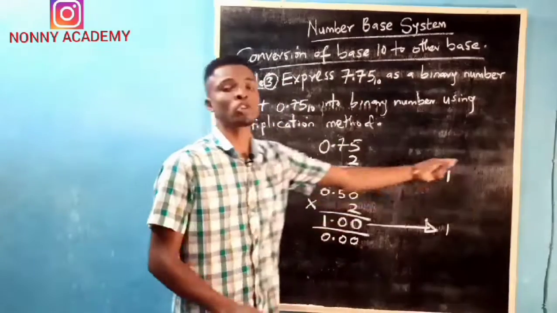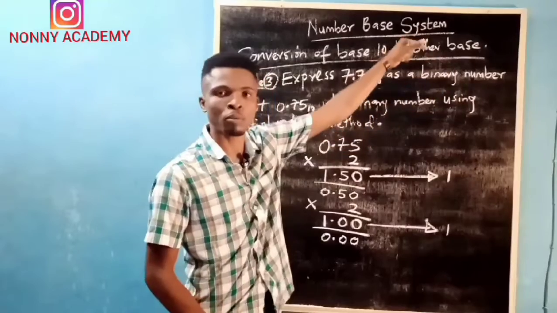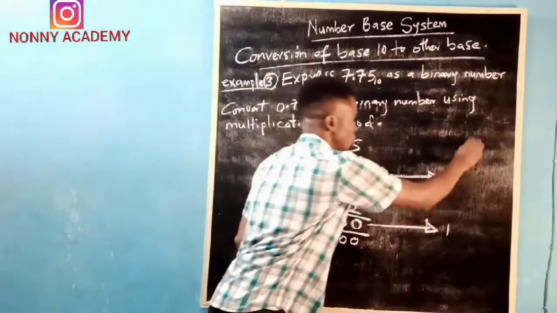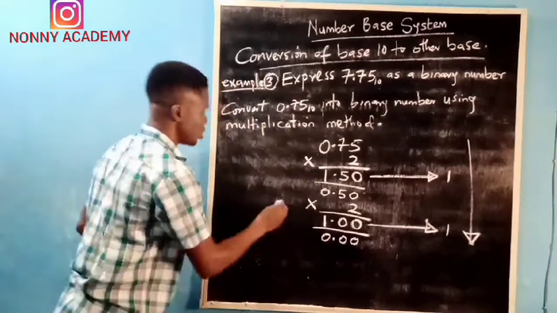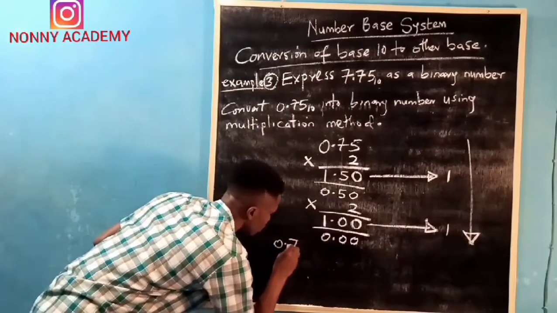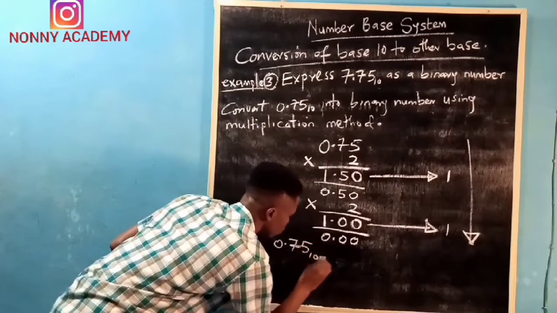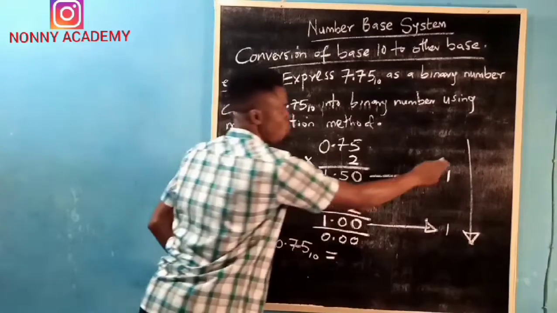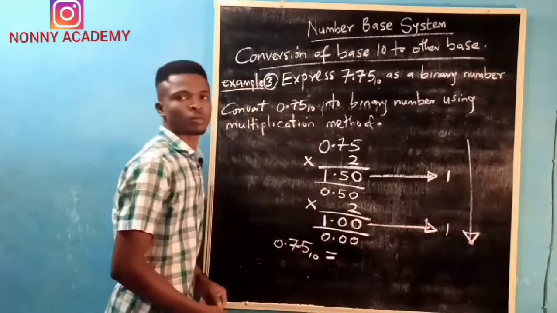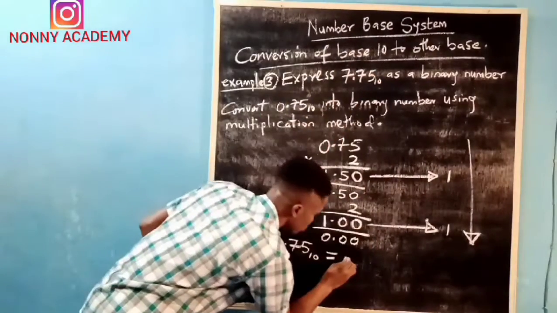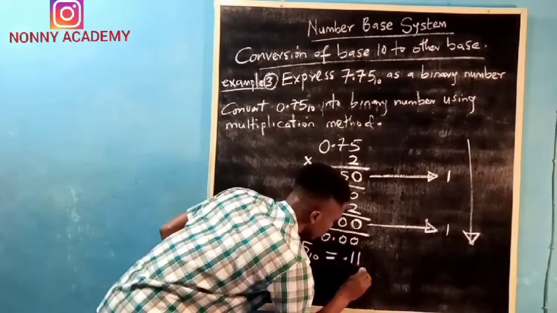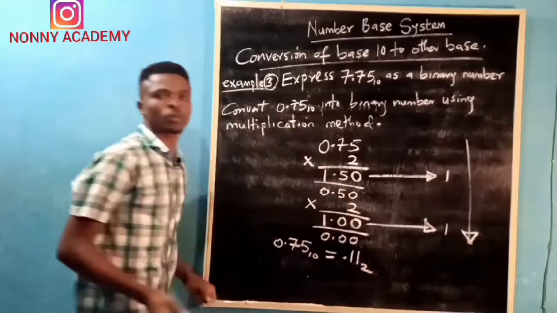Now from the multiplication aspect, I will take this from the top to the bottom. So 0.75 base 10 will be equal to 1, 1, not from the bottom, but from the top to the bottom, which is 0.11 base 2.